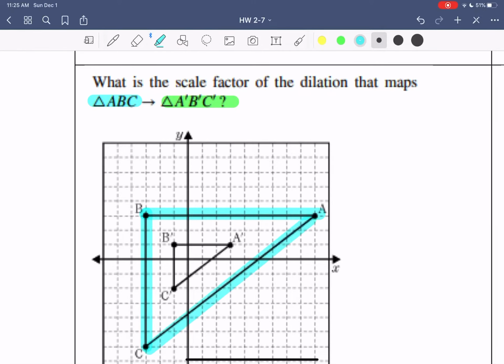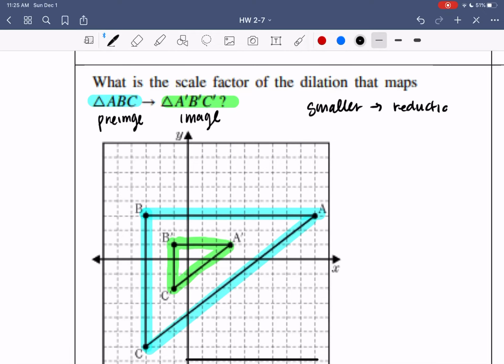This is our pre-image and our image, pre-image and image. So this one is getting smaller, which is a reduction, meaning that our K, which is our scale factor, has to be between 0 and 1.